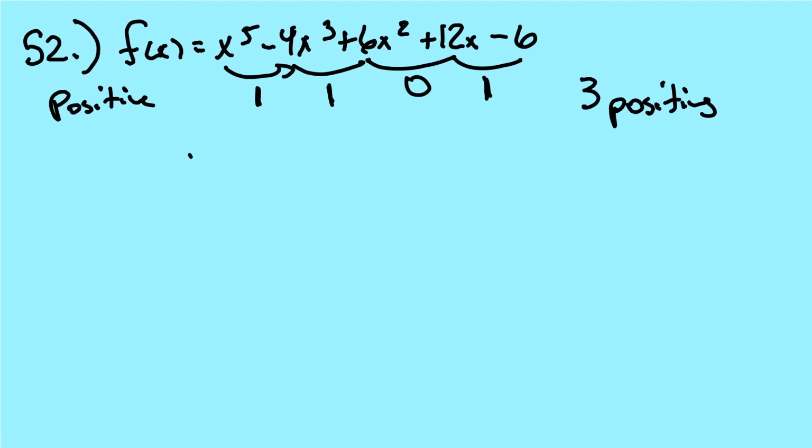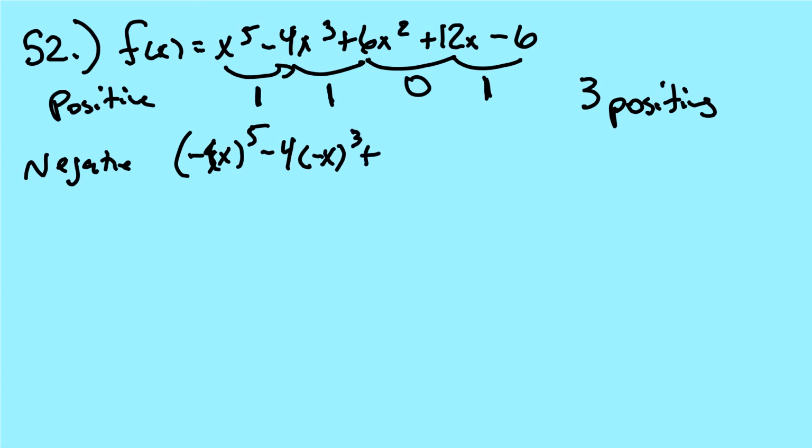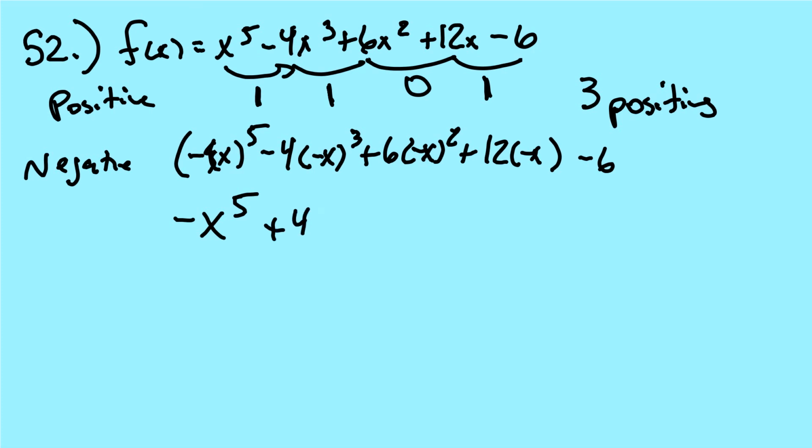Now I put in negative x for everything to get my negative. So I have negative x to the 5th minus 4 times negative x to the 3rd plus 6 times negative x squared plus 12 times negative x minus 6. It becomes minus x to the 5th plus 4x cubed plus 6x squared minus 12x minus 6.